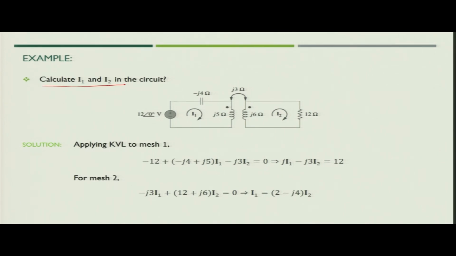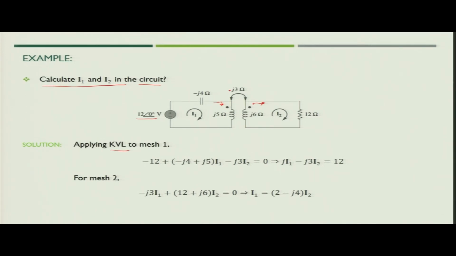Now, let us take one example to calculate the values of I1 and I2 in the circuit. In this case we have an applied voltage of 12 volt angle 0, and in the second coil we have a 12 ohm resistance. We will again use KVL. Since in this case also I1 is going inside the dot and I2 is coming outside the dot, the polarity of the mutual voltage would be negative.